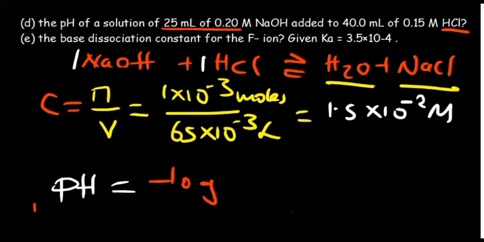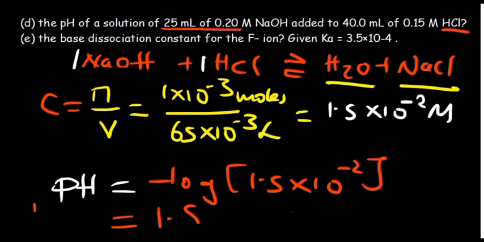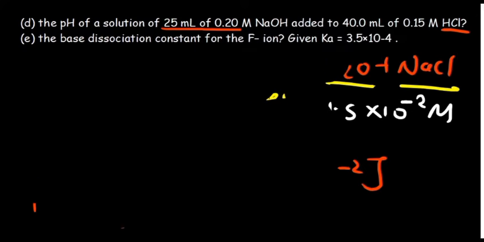So negative log of 1.5 by 10 to the power negative 2 molar concentration. You can grab your calculator there, negative log of that. What I'm getting as my value is a pH of 1.8. So that is our pH, which tells us that the solution was acidic because we had more of the acid than the base.